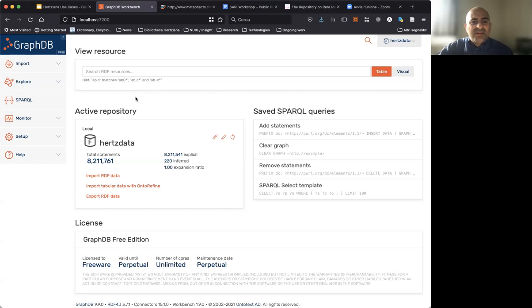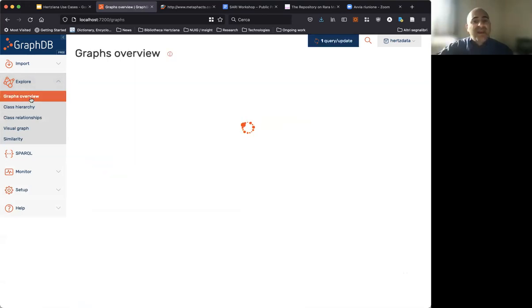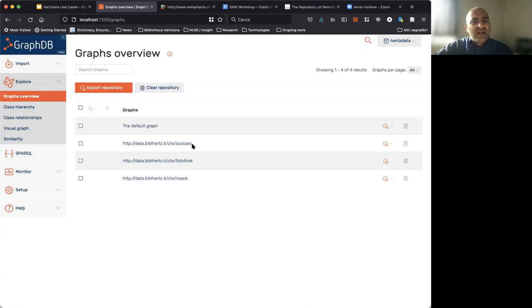I have a GraphDB instance where I'm trying to get close to 10 million RDF triples, currently organized into graphs. It has a named graph structure that reflects the projects I'm gradually bringing in: Zucchero, the photographic library, Skedenoag, and more to come.